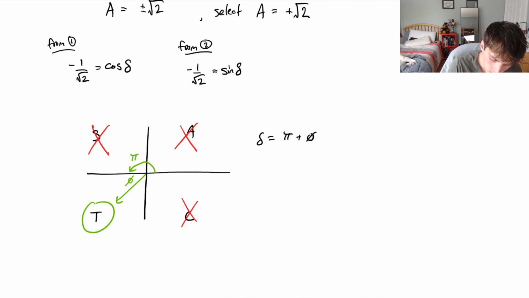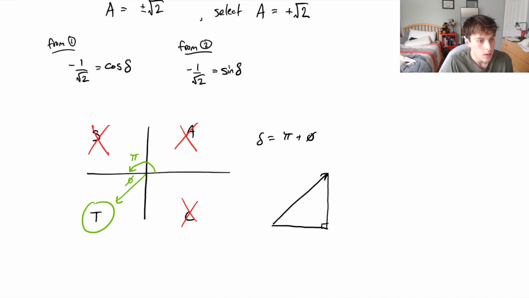So we can imagine our special triangle here, right? And I'll draw this as if we're in quadrant 1. If this is a right angle here, well, we know that this is a special triangle with pi over 4 radians here. This is side length 1, this is side length 1, and the hypotenuse would be square root 2.